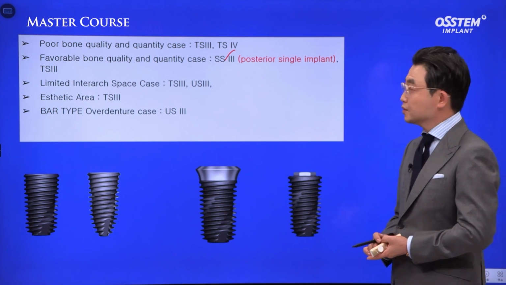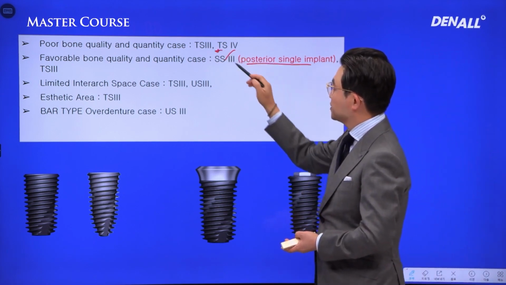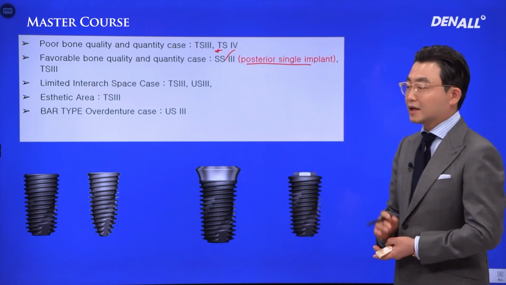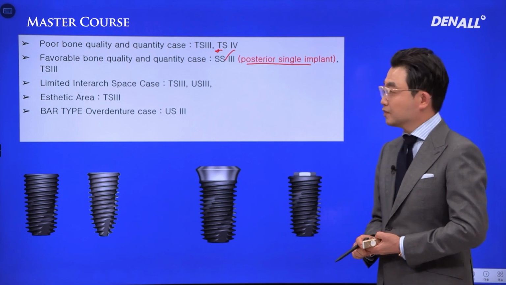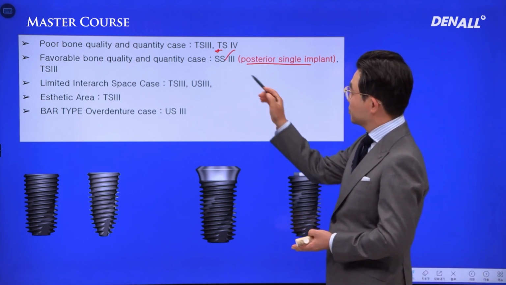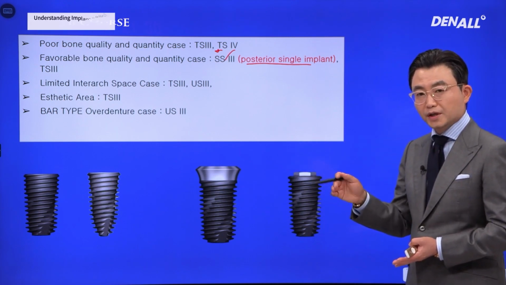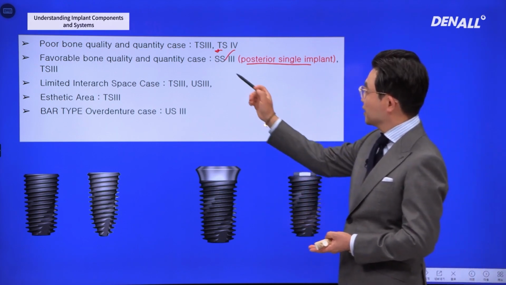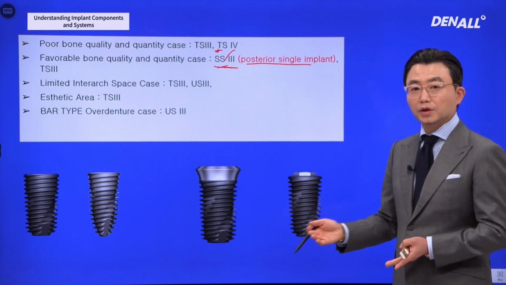So if all the conditions are the same, any implant would do. But for the posterior single implant, TS4 is my recommendation. Especially if the occlusal force is really strong for number 6 and 7, SS, I do believe, has structural stability.